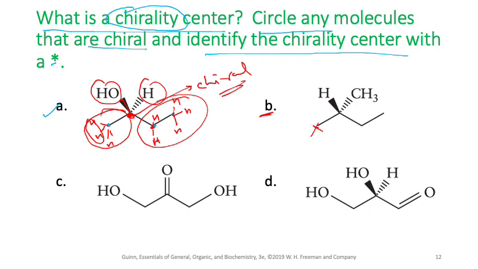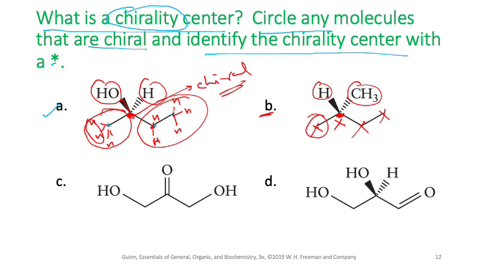This carbon is not a chiral carbon, this carbon is not a chiral, this carbon is not a chiral. We already explained why. But this carbon is a chiral because you have hydrogen, you have CH3, second different, then you have another group. So if you see, this carbon also is not a chiral carbon. Why? Because you have CH3, right?